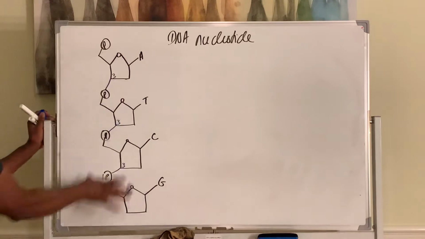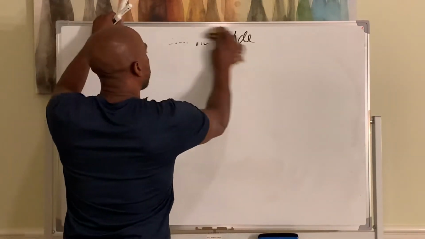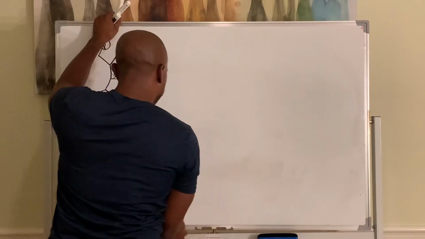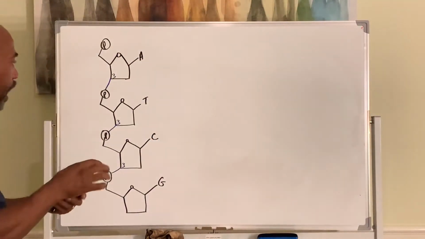Okay, like that. And then on the opposite side, what was also discovered is that the opposite strand ran in a different orientation called an anti-parallel orientation.